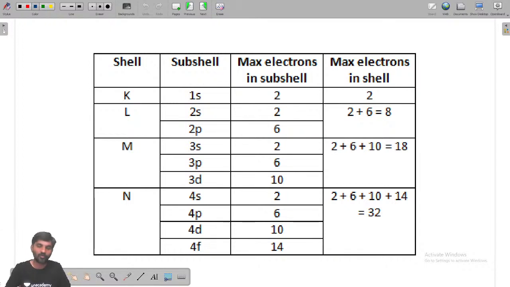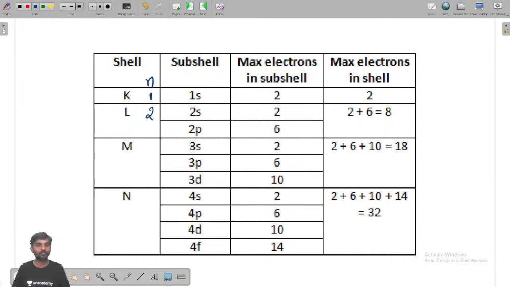So this is how you will have shell, subshell, maximum electrons in a subshell, and the electrons in the shell. You can see here, for a shell, for K, what is K, sir? K means n is equal to 1.